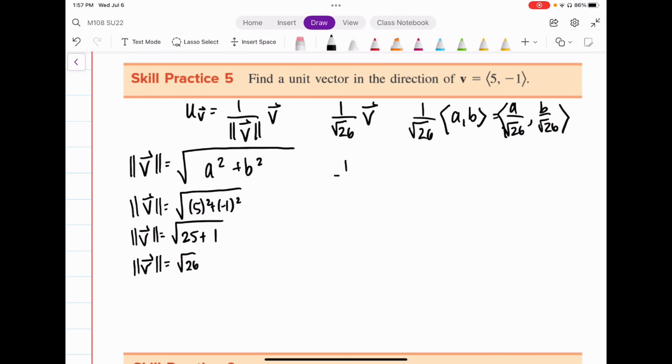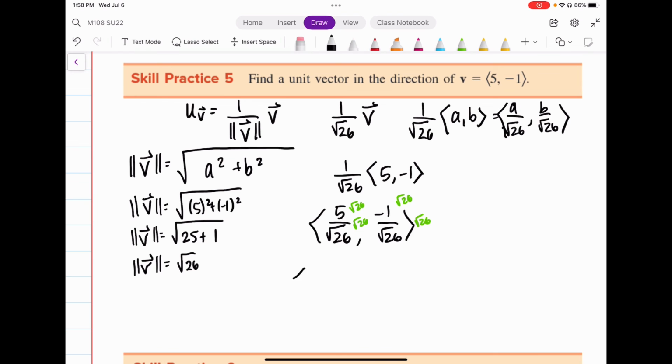So we're going to take 1 over the square root of 26 times 5, negative 1, or 5 over the square root of 26 and negative 1 over the square root of 26, which we rationalize by multiplying by root 26 over root 26 for each of these. We have 5 square root 26. The square root of 26 times the square root of 26 is the square root of 26 squared, or just 26 itself. We have negative square root 26 in the numerator over 26 here.